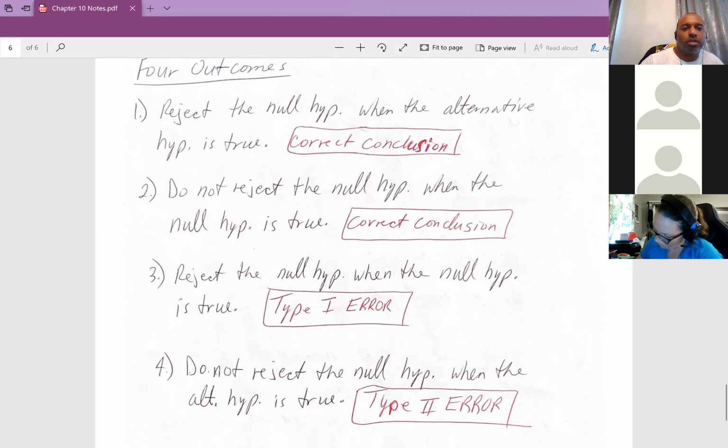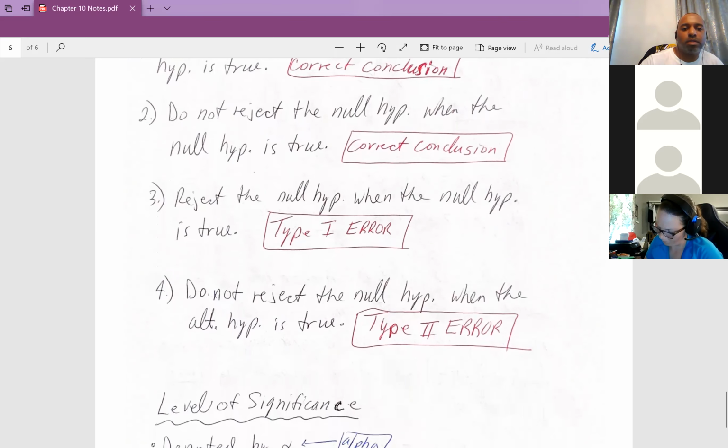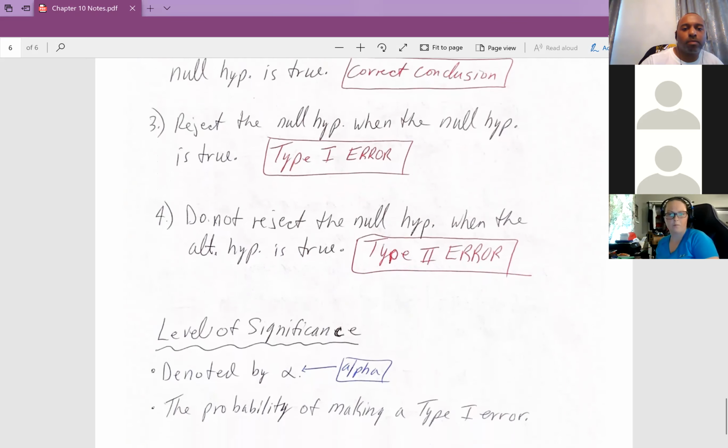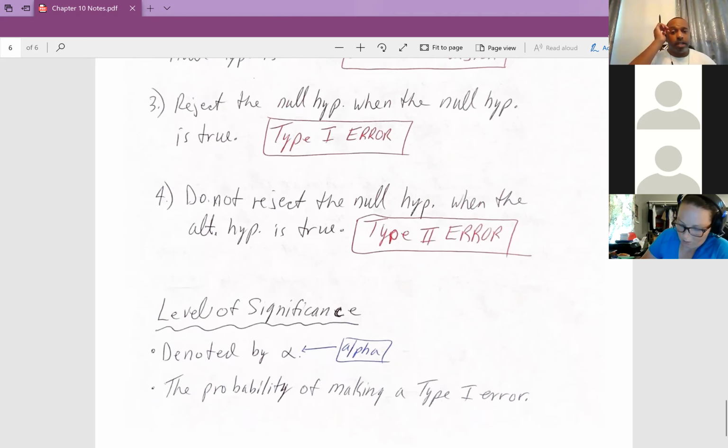All right, can we scroll up? Pretty good. So the last thing on the sheet: level of significance, which is denoted by the Greek letter alpha. It kind of looks like that fish.